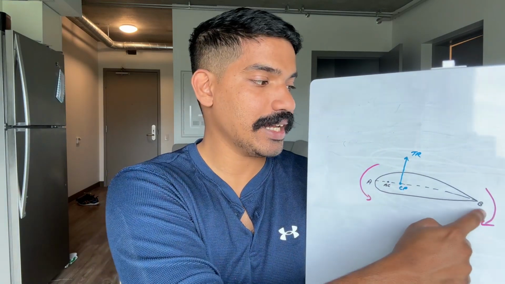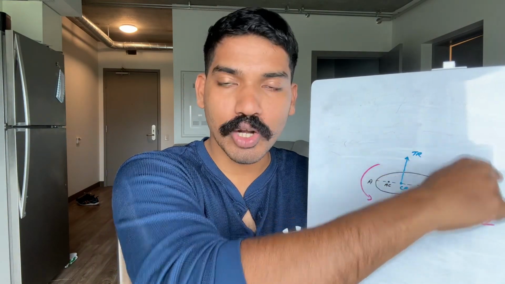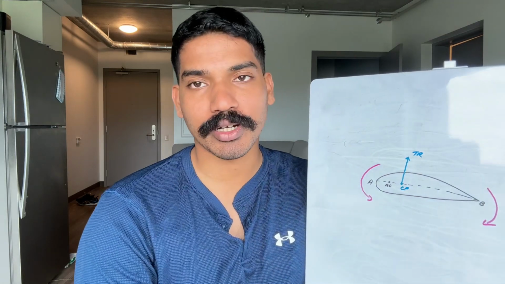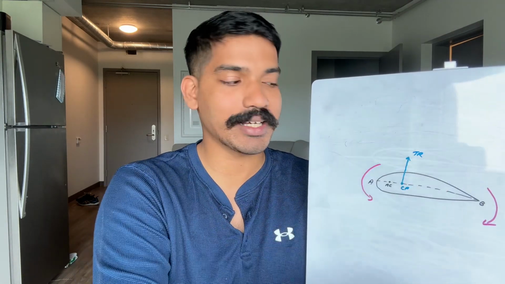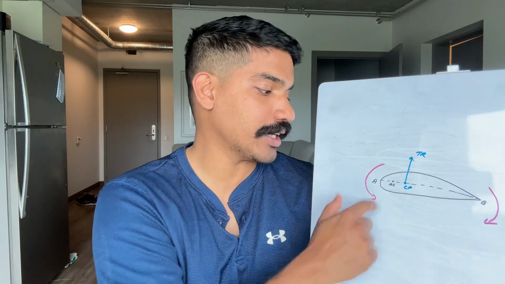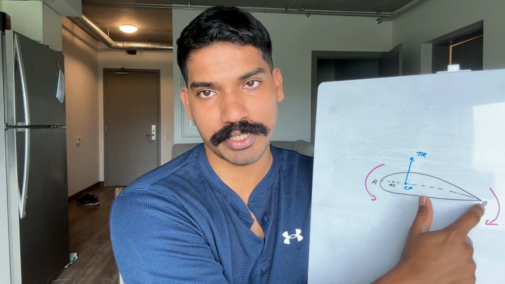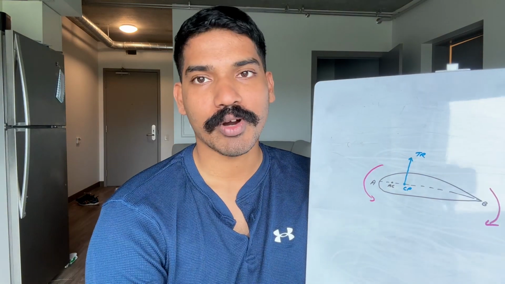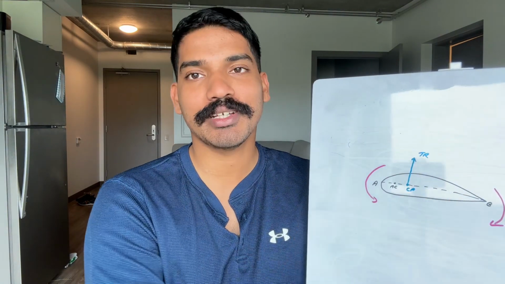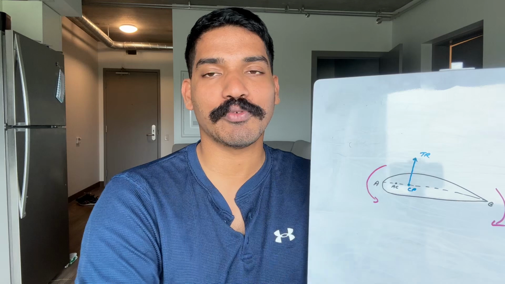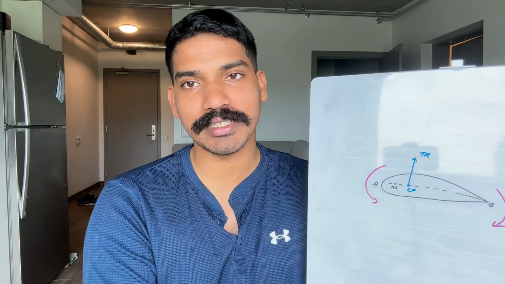Now at the trailing edge, a clockwise moment or a clockwise force is being created. In both cases, what is happening is the nose is being pushed down and the tail is being pushed down, right? Now, eventually, all these forces cancel out each other.